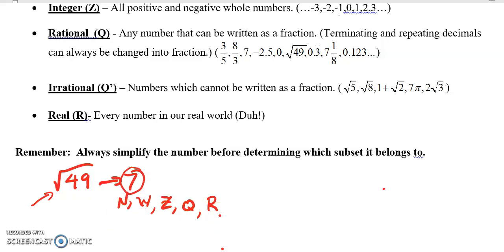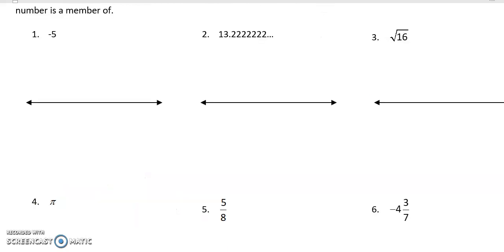All right, let's take a look at some of the examples out of your homework. Okay, so let's take a look at 13.2 repeating. All right, so here's the way I look at this. This is almost like a question bank. It can be natural, whole, integer, rational, irrational, real. Well, I always like to start with the smallest group, the naturals.